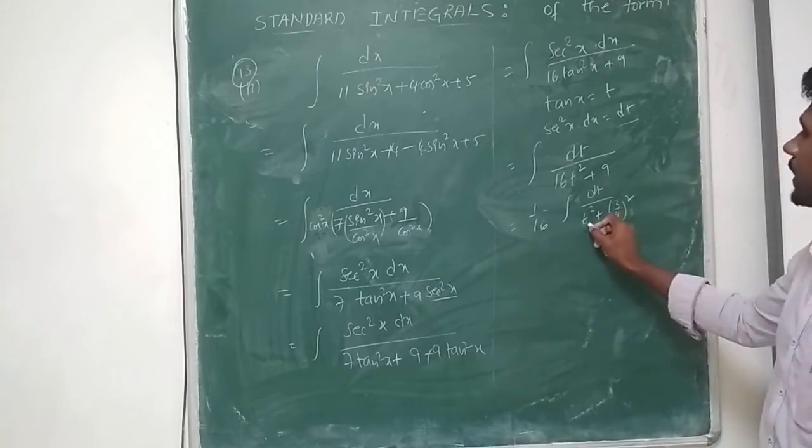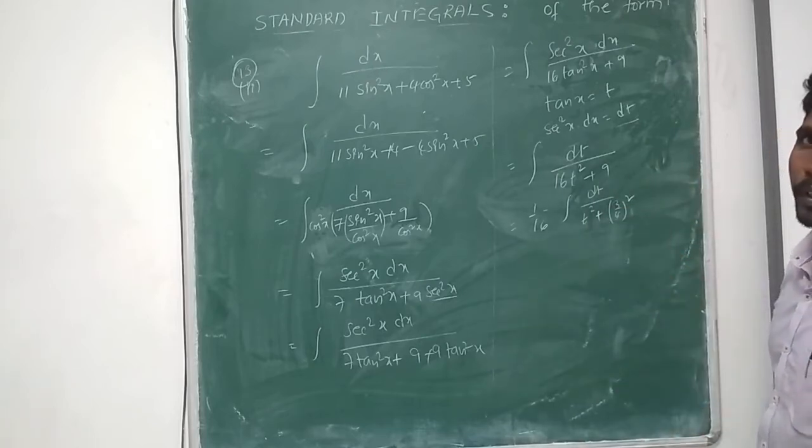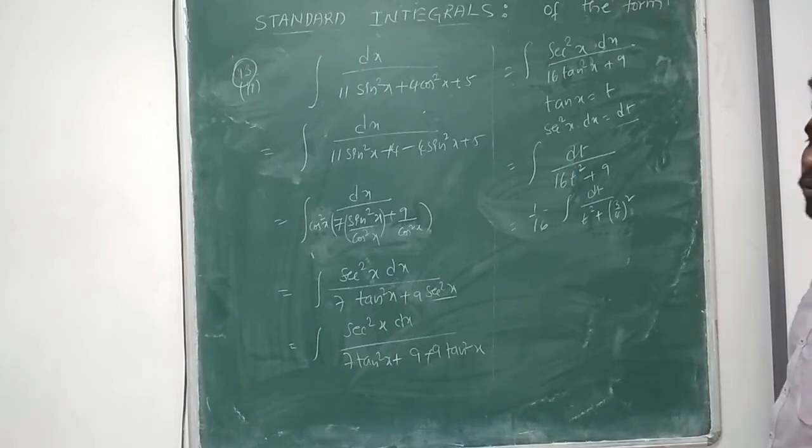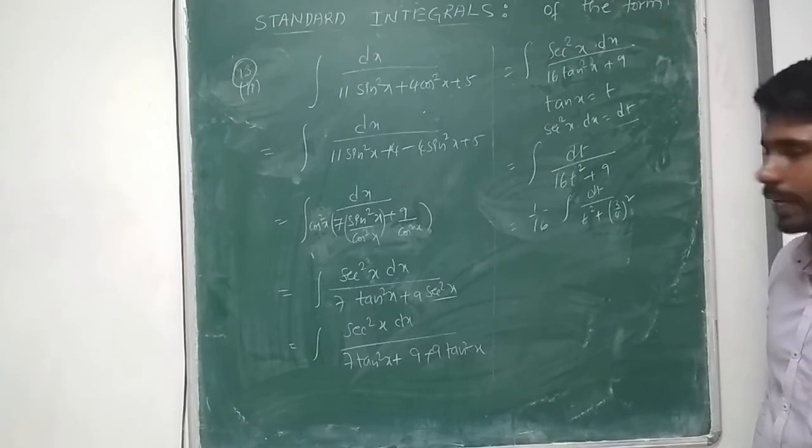It is in the form 1 by x square plus a square, which is nothing but 1 by a into tan inverse of x by a.